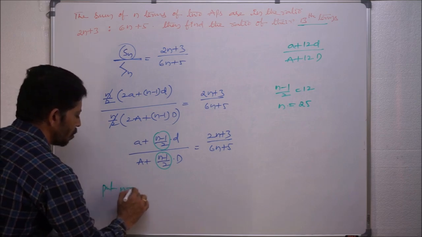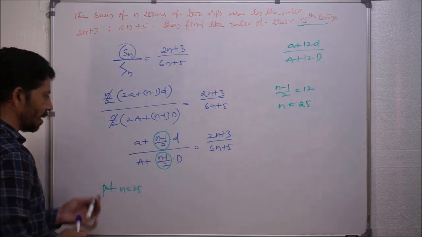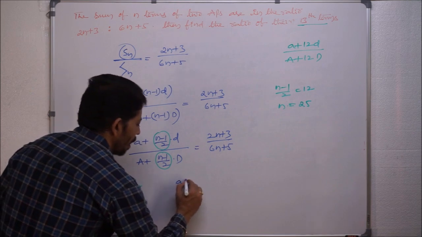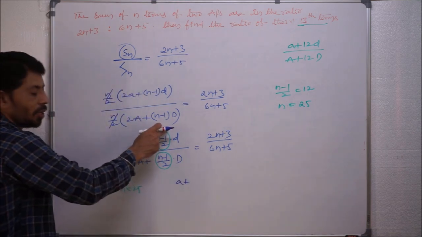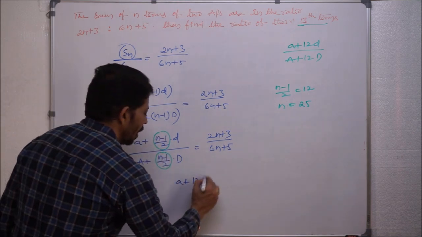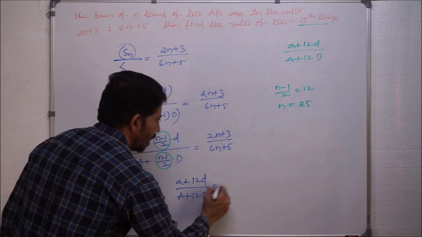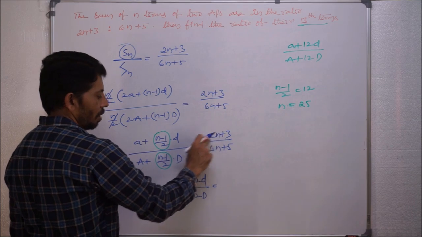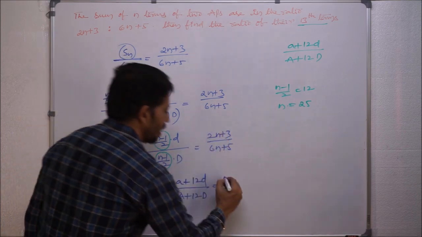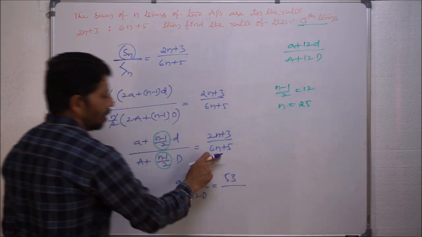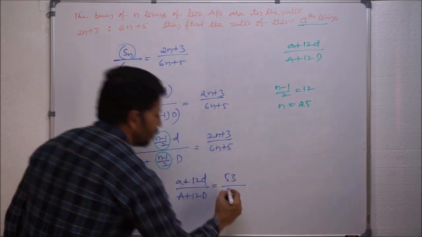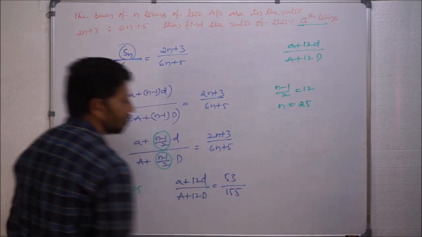Put n equals 25. Then we get a plus 12d by capital A plus 12 capital D equals 2 into 25 plus 3, that is 53, by 6 into 25 plus 5, that is 155.